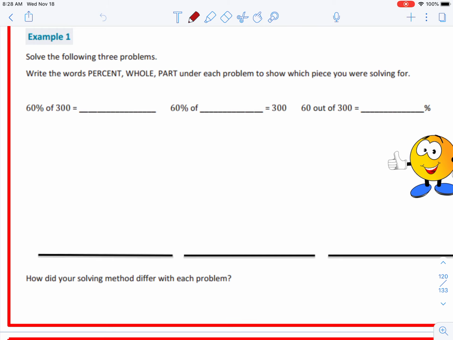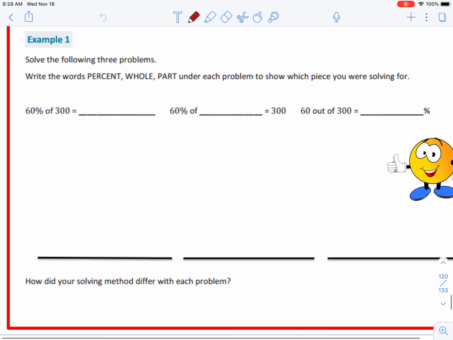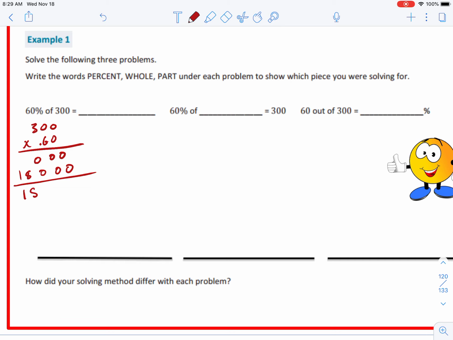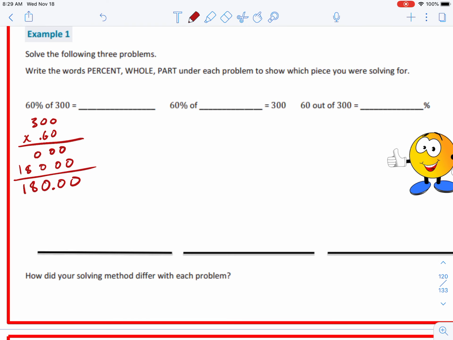Okay, so now I have 60% of 300. There's 2 ways we can solve this. We can multiply 300 by 60% as a decimal, which is 0.60. We do this and we get 18,000, but there are 2 spaces in my decimal, so my answer turns into 180.